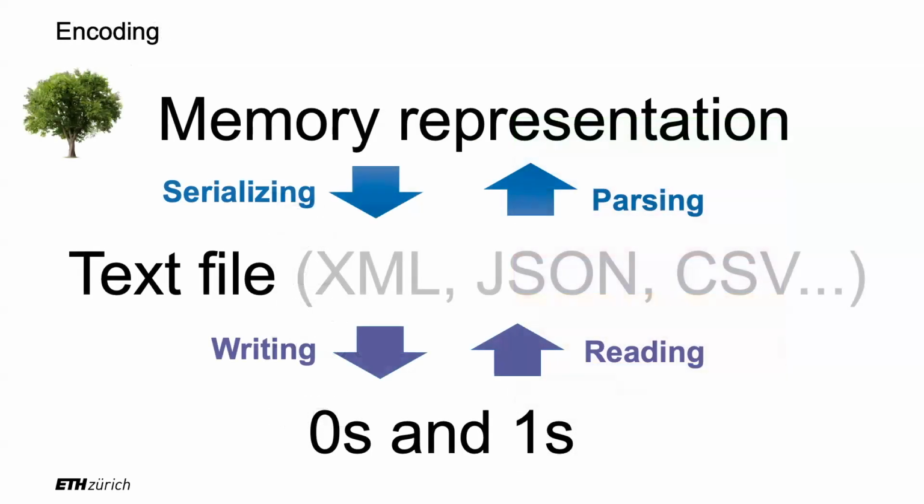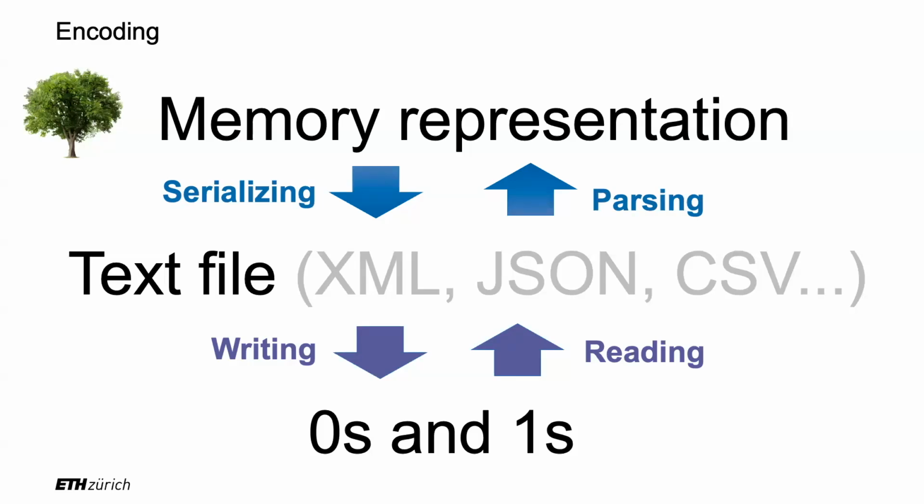And so here's the general idea. On HDFS or on S3, we store zeros and ones, right? An object or a file is just made of zeros and ones. But we want to store data in there. And we saw that the data can be tables, can be trees, can be cubes. And so the real question in today's lecture is, how do we store tables or trees or graphs or cubes as zeros and ones?